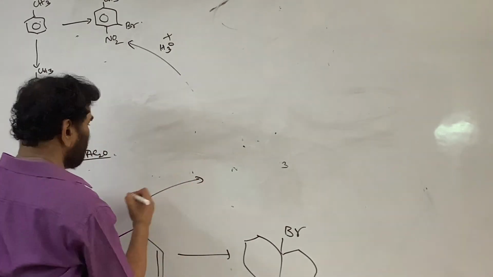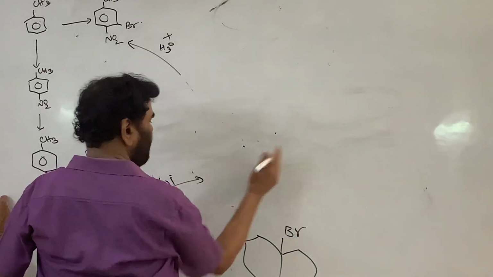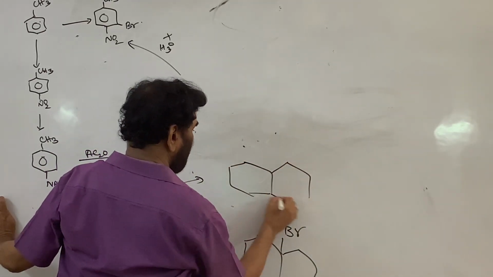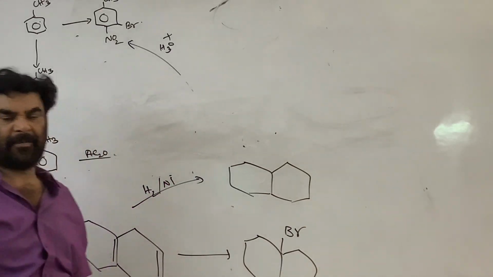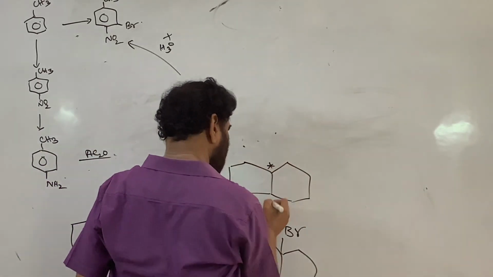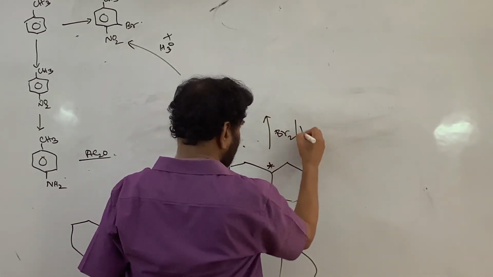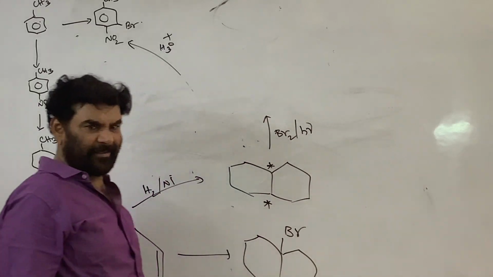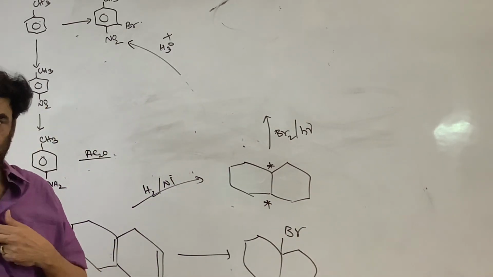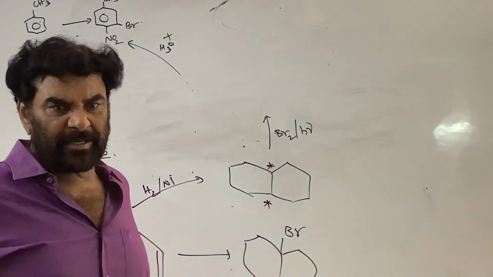Now remove the double bonds. Add hydrogen, nickel, the saturated compound is formed. Decane is formed. Now this is the 3 degree carbon. Carbon more selective: bromination, chlorination, bromination.